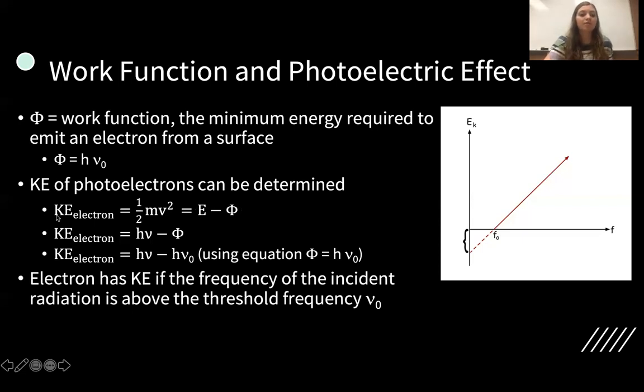Remember that energy equals Planck's constant times the frequency, and then the work function, which from right here equals Planck's constant times the threshold frequency, so we can get this final equation: the kinetic energy of the electron is equal to Planck's constant times the frequency minus Planck's constant times the threshold frequency.